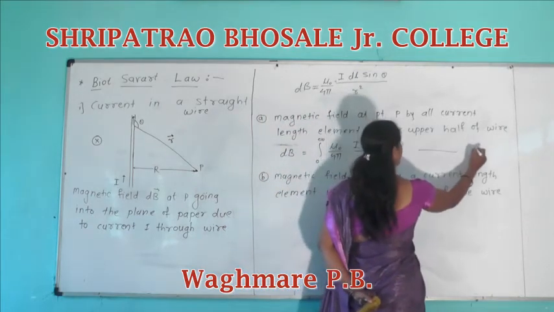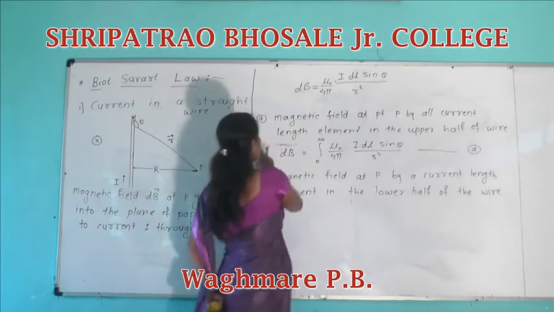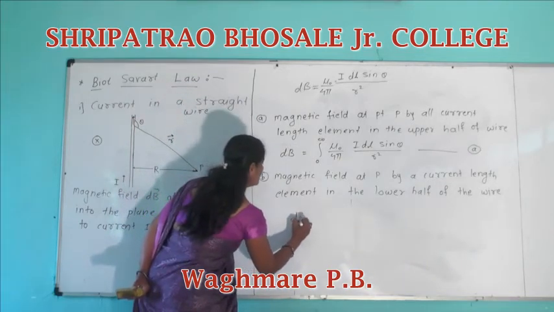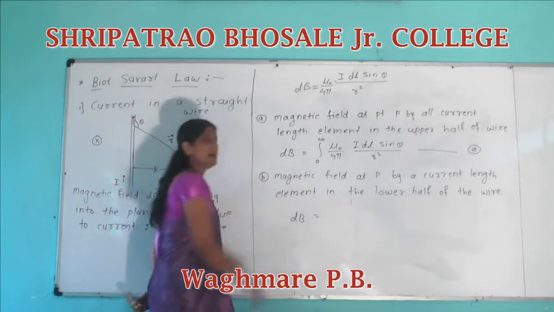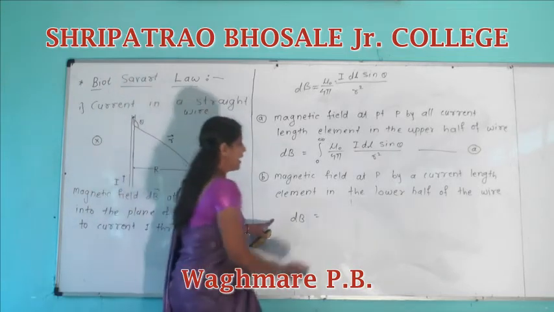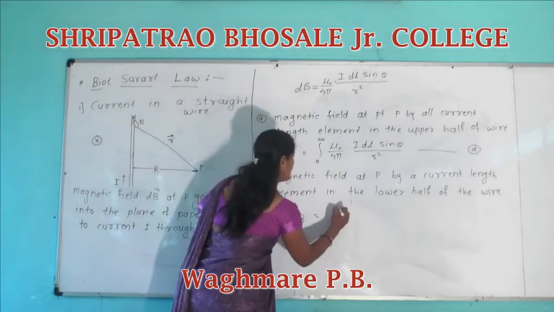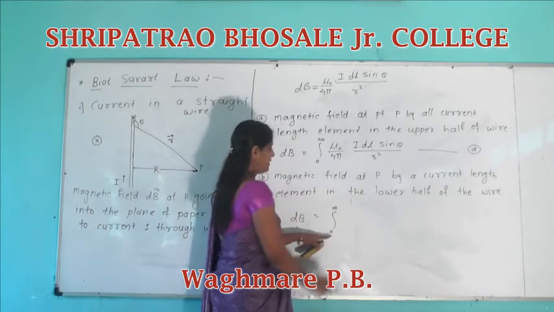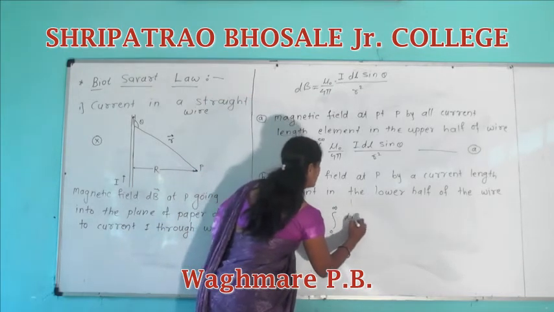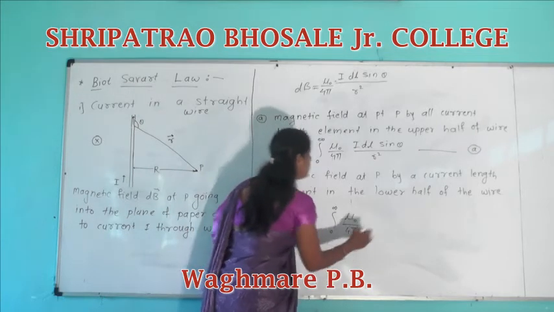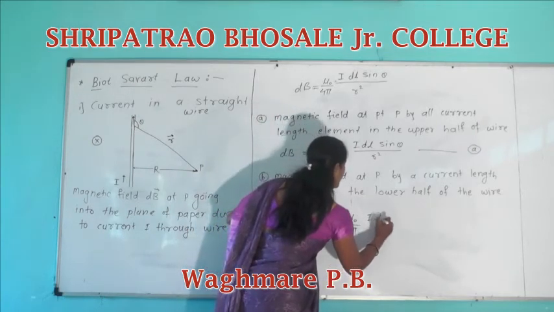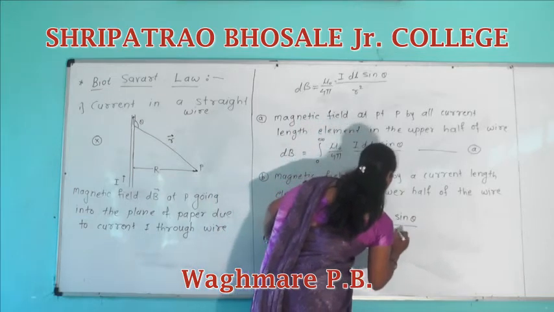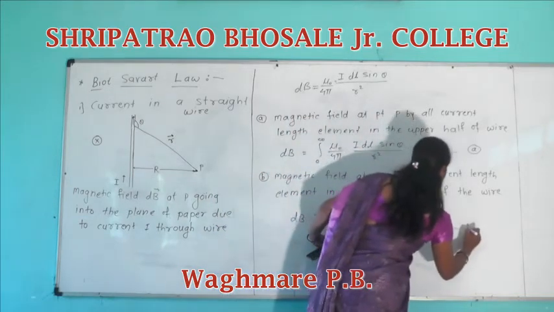We call this equation A. Then dB for the lower part is given by the integration in limit 0 to infinity of mu 0 upon 4 pi I dl sin theta upon r square. Say equation B.